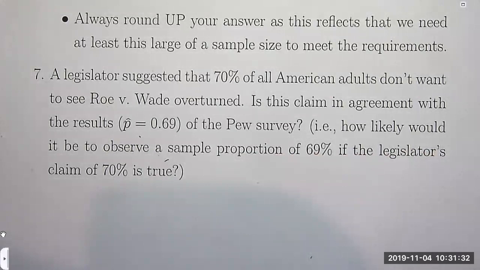It'll really help if we could draw a normal distribution here. And then to find how likely, we could find an area under that curve. And then that will give us how likely this would be true.